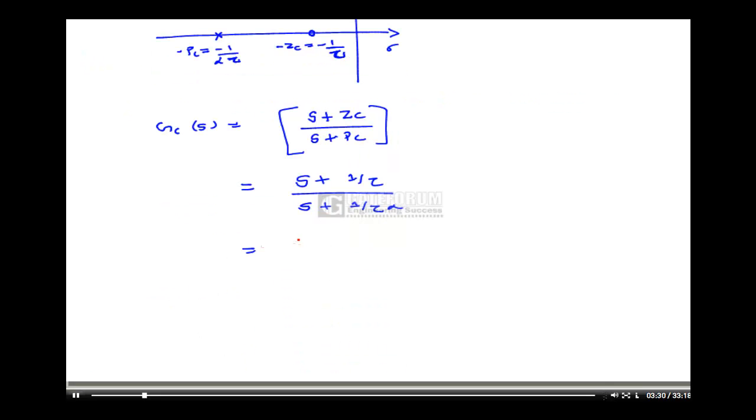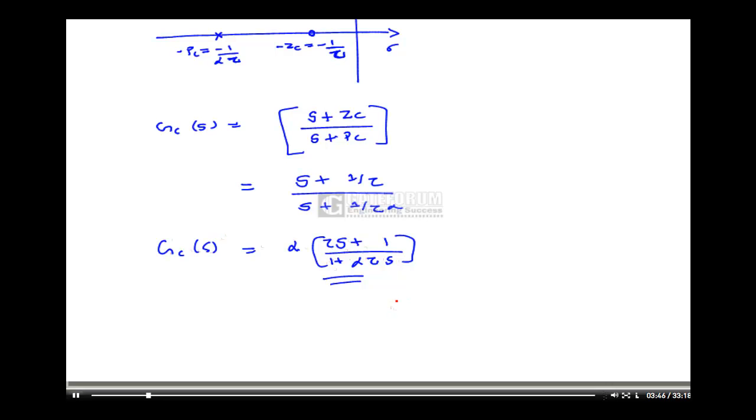This can be written as alpha times (1 plus S tau) upon (1 plus alpha tau S). So this is the transfer function for the compensator.